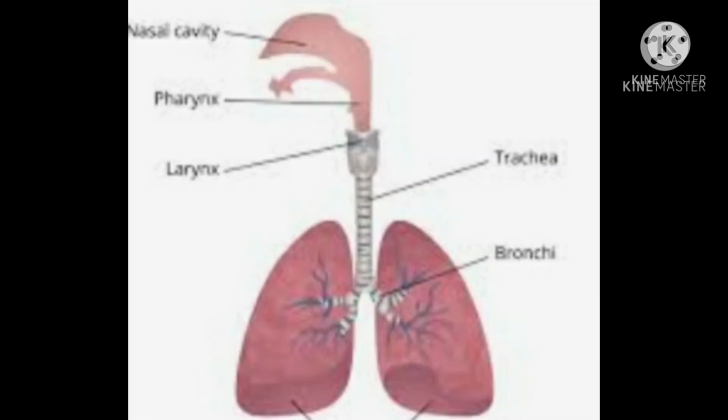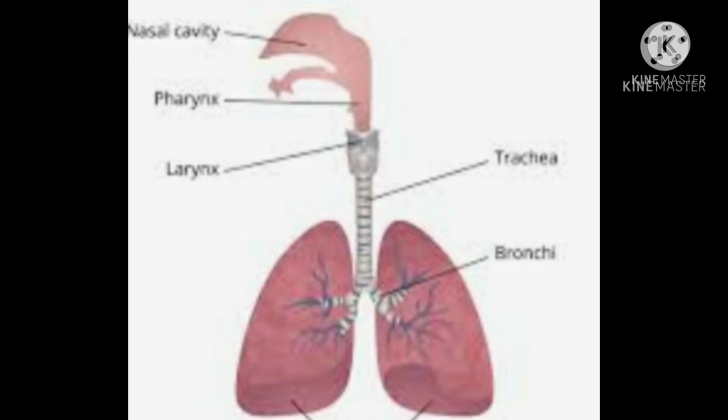The upper end of the trachea has a voice box called the larynx. The trachea or windpipe branches into smaller tubes called bronchi. The two bronchi are connected to the two lungs, one to the left lung and the other to the right lung.